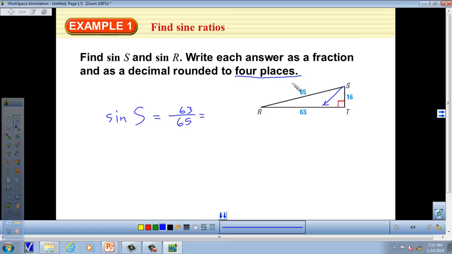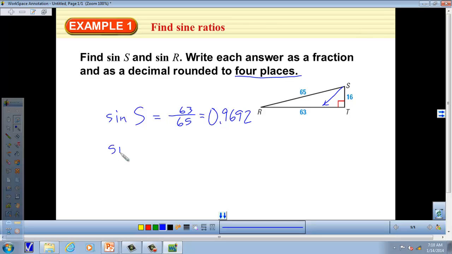When we do sines of angles, we're going to do it to the nearest 10,000th or 4 decimal places. When we do it for the angles, we'll either do it to the nearest tenth or we'll do it to the nearest whole degree. So 63 divided by 65 is 0.9692 if we round. Okay?